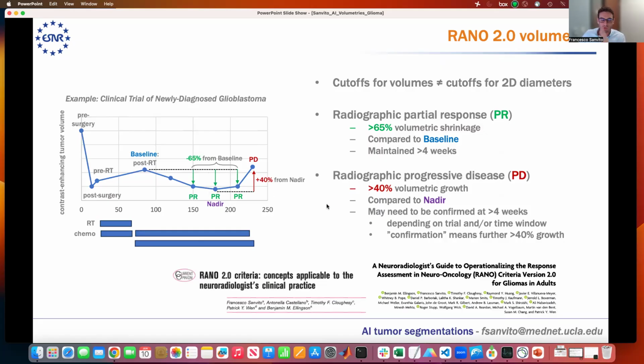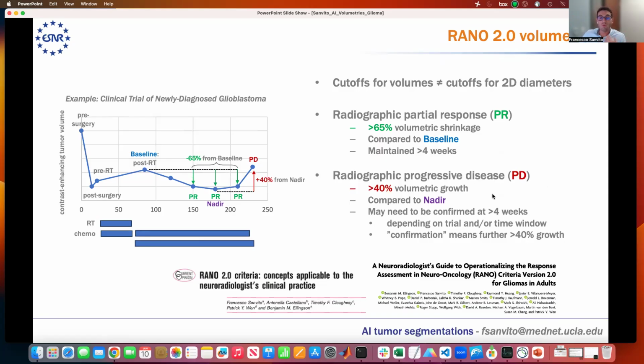So always remember to search for the nadir in your time series so you can actually see if the tumor is growing compared to the nadir. For confirmation scans, response always requires confirmation scans. You have to observe response in 2 scans for at least a month to call it a Rano response.